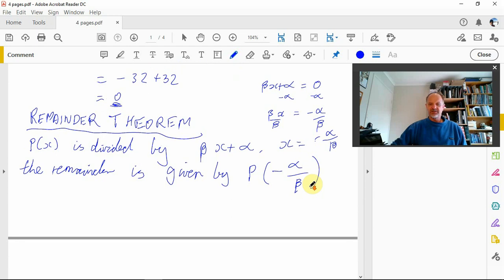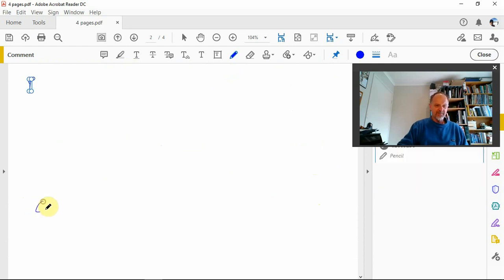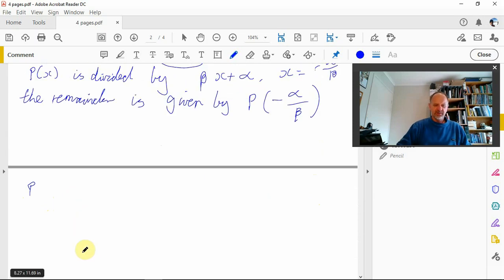So let's do an example of one where there is. I'm going to do this example, P of x is x cubed minus 2x plus 4, and I want to divide it by 2x plus 1.